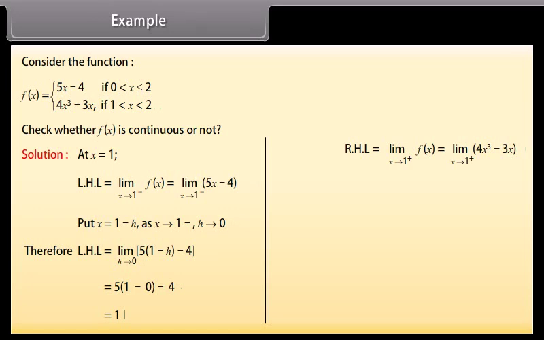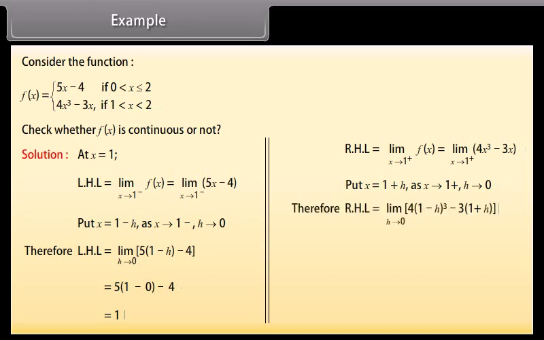Right-hand limit is equal to limit x approaches 1 plus f(x) is equal to limit x approaches 1 plus 4x³ minus 3x. Put x = 1 plus h, as x approaches 1 plus, h approaches 0.